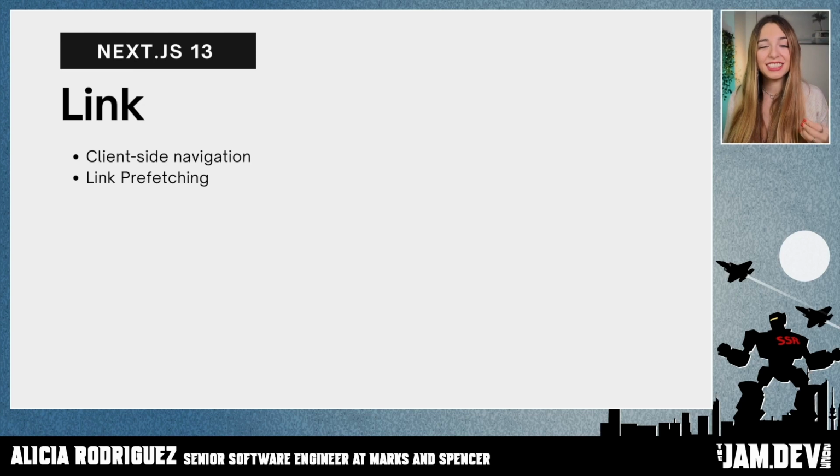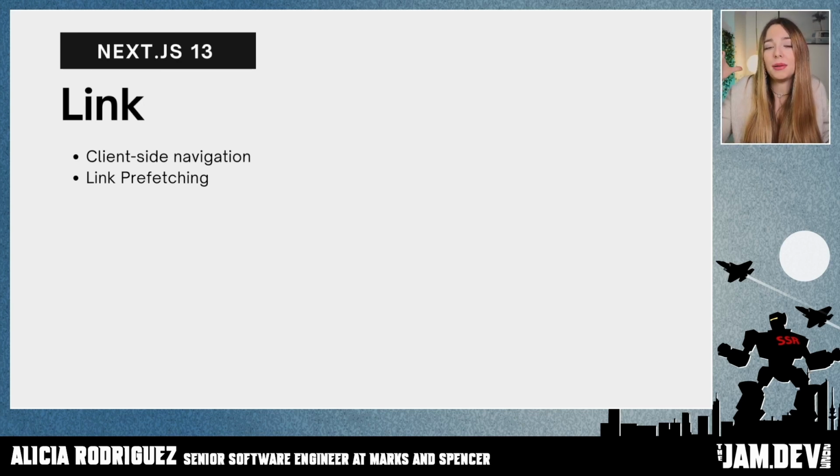One of its features is the technique called link prefetching to preload pages. The idea is to preload the pages that a user is likely to visit next, so that the load is much faster. And one of the ways they do this is by preloading the pages when the user hovers over a link.